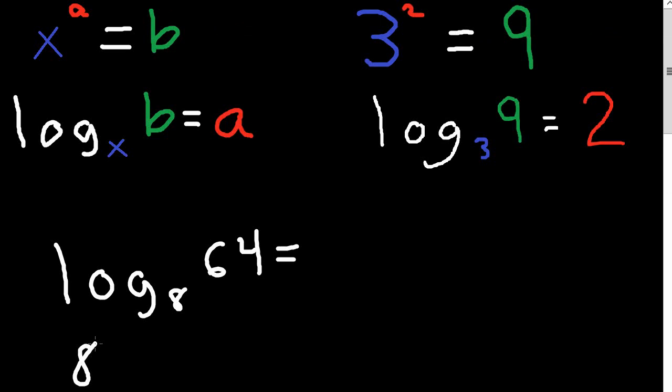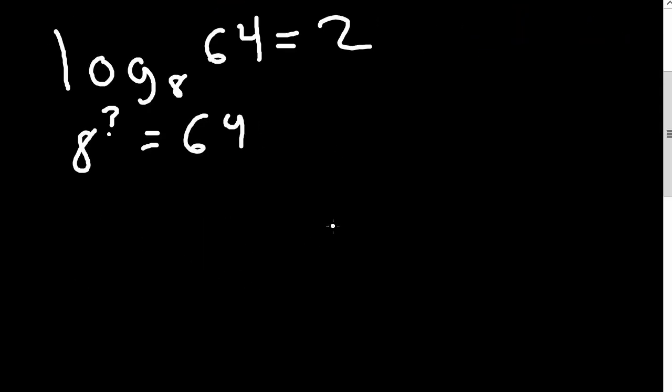And what is that equal to? 8 to what power is equal to 64? If we memorize our squares, we know that 8 squared is equal to 64. So this is saying that 8 times itself 2 times is equal to 64.